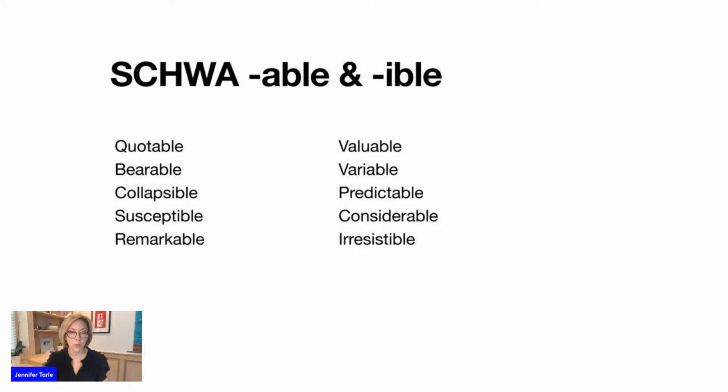All right, so here are some words, and I just want you to listen. I'm going to say these as naturally as possible. Quotable, bearable, collapsible, susceptible, remarkable, valuable, variable, predictable, considerable, irresistible.